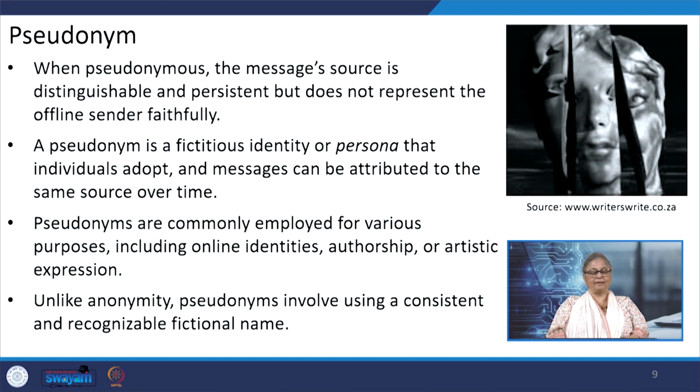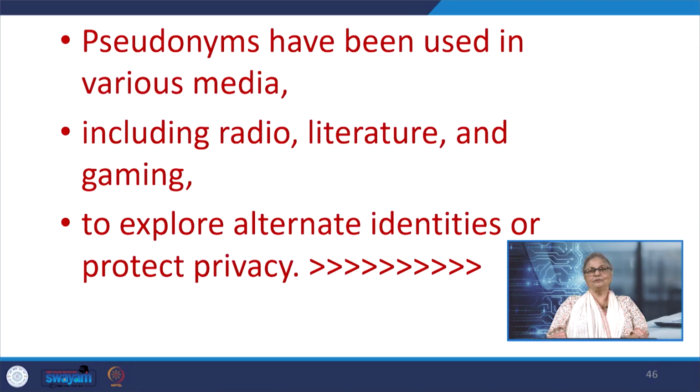Pseudonyms are commonly employed for various purposes, including online identities, authorship, or artistic expressions. Unlike anonymity, pseudonyms involve using a consistent and recognizable fictional name. Pseudonyms have been used in various media, including radio, literature, and gaming, to explore alternate identities or to protect privacy.